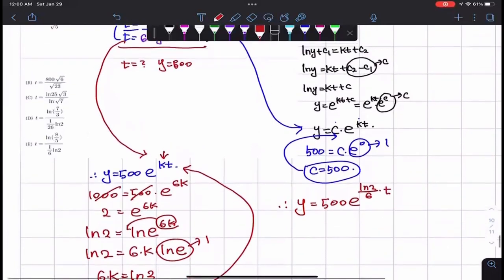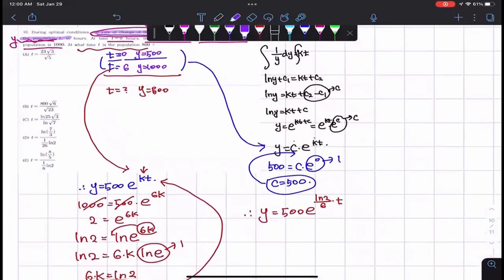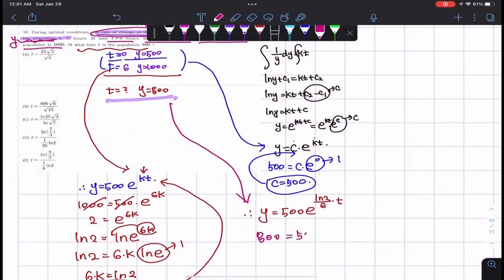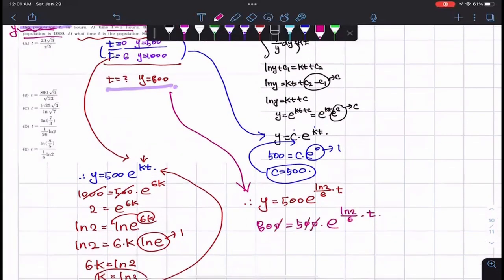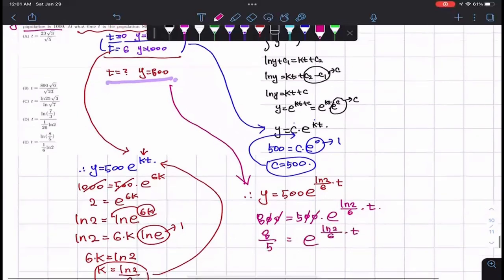Okay, let's check my goal. I should find the time where y equals 800. So plug in this value to find the time t. 800 equals 500 times e to the power of ln 2 over 6 times t. Divide by 100 and divide by 5 on both sides, giving e to the power of ln 2 over 6 times t.